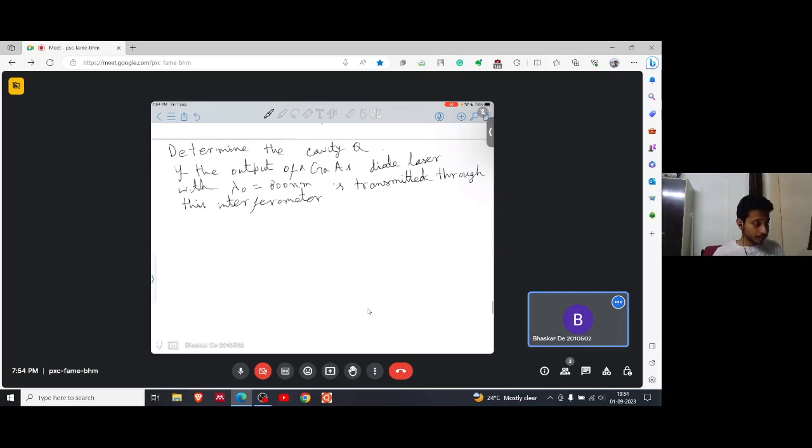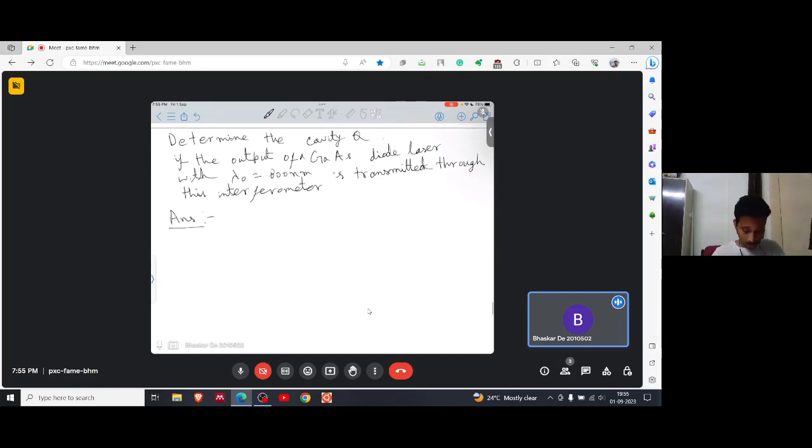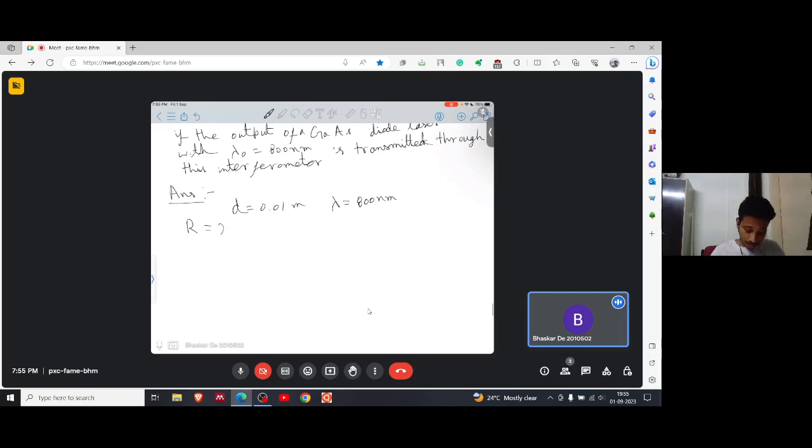Okay, now let's write down all the values we have in the problem. D equal to 0.01 meter, lambda equal to 800 nanometer. Then there are three values of R: 99.99% for the first problem, 95%, 70%. Then the refractive index eta equal to 1.